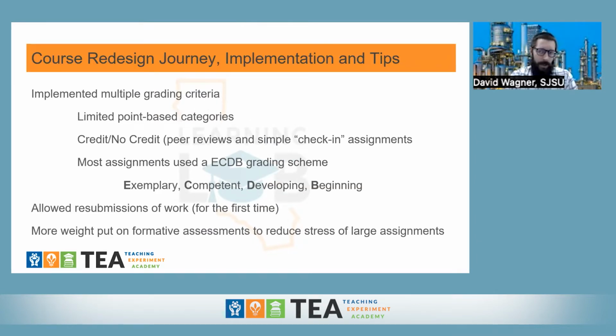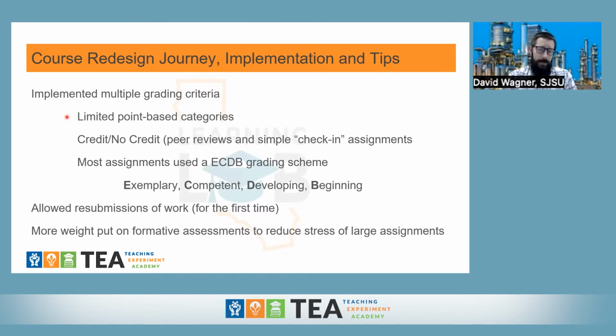So what I initially did is a mixture of a lot of the stuff that we learned last summer and throughout the entire year, and numerous articles and books that I've read. But I implemented different types of grading criteria. The first one: limited point-based categories.